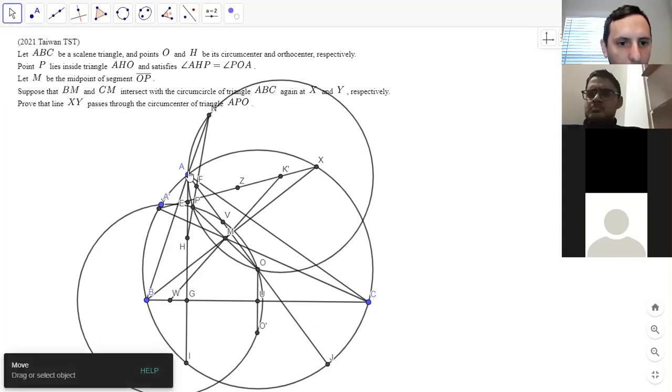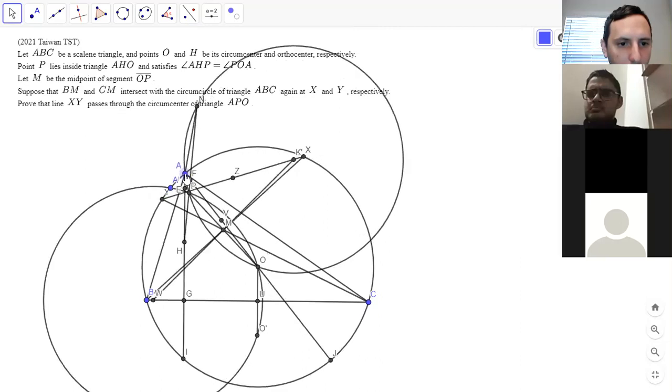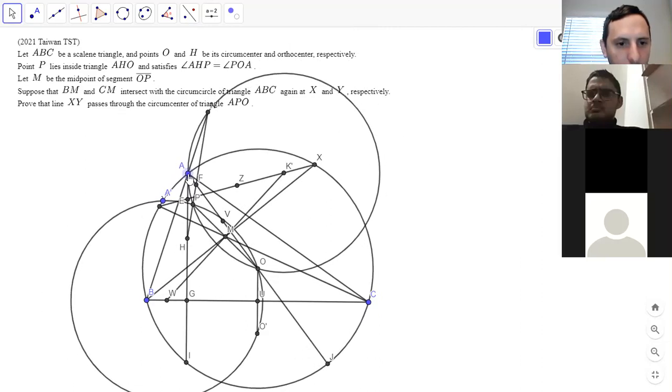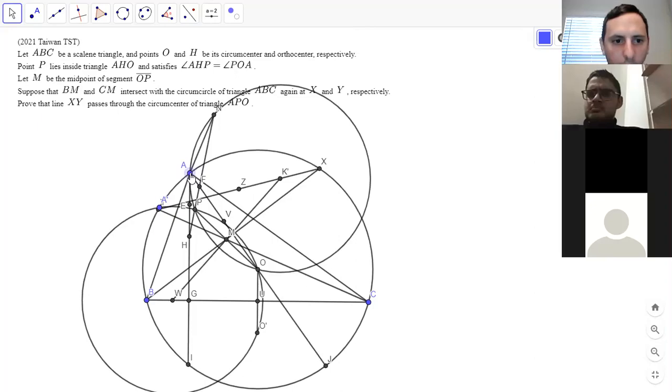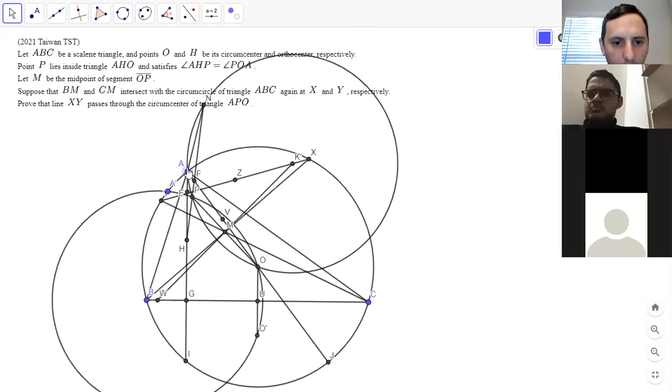Well, it would be, yeah. So we want to show that the point where those two circles intersect is the reflection of A over OP. Yeah. Interesting.